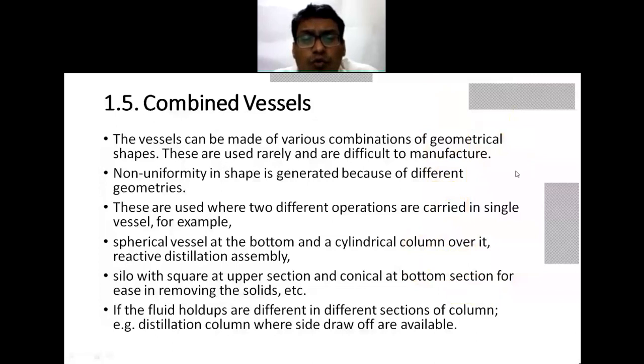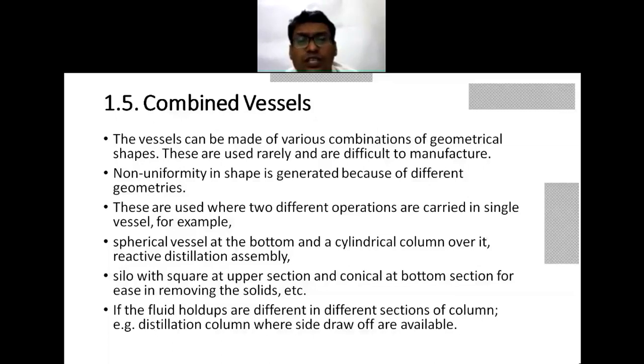Then a silo with a square at the upper section and conical at the bottom section. That is mostly silos or solid storage vessels. They have the conical bottom section for easy flow of the solids. If polymeric chips are there, then at the bottom the cone section is required for solid powder handling, for easy flow.